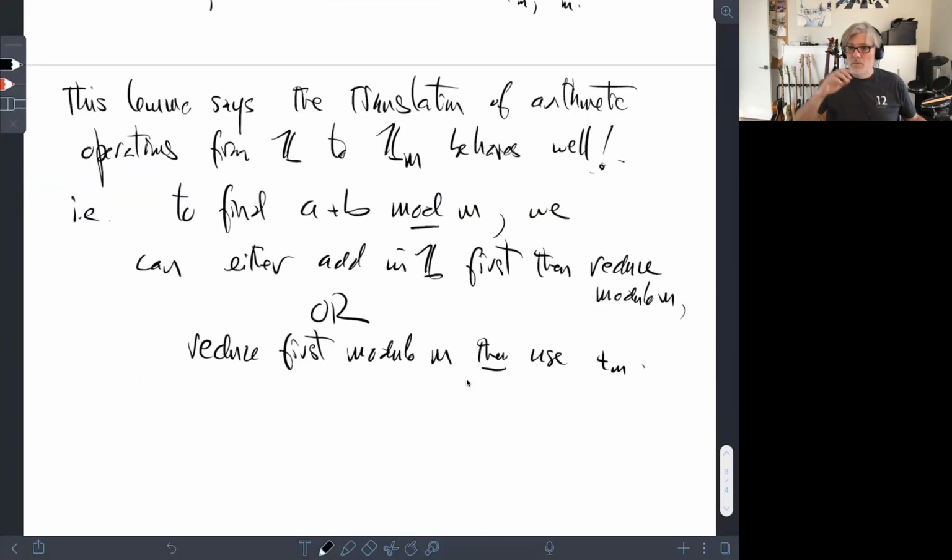So this has a lot of advantages. In other words, the mirror image in Zm respects what's going on in the infinite world.